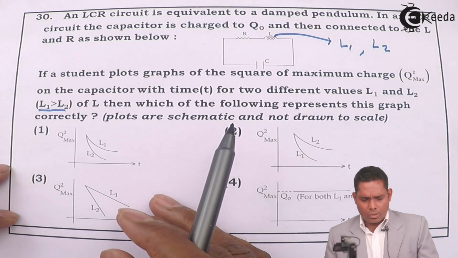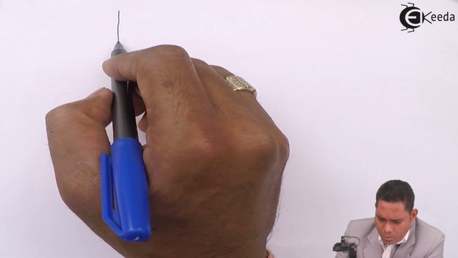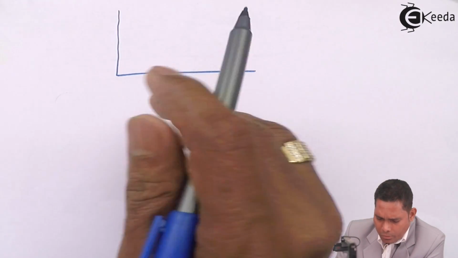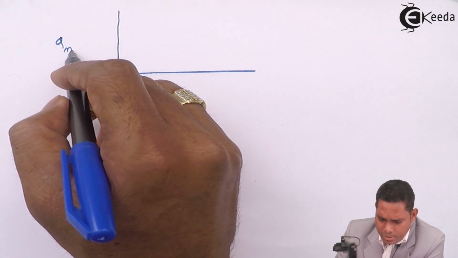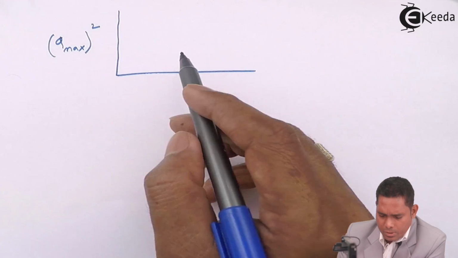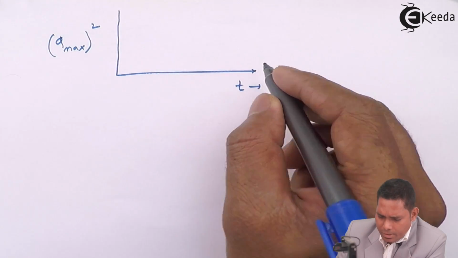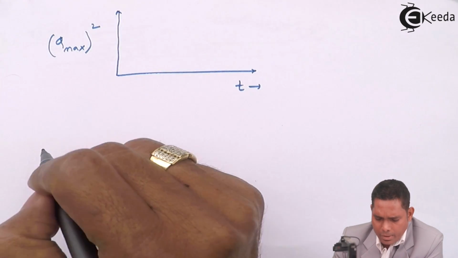So if I try to solve this, the question is to plot the curve of Q max square versus time. Time is taken on this axis and Q max square on the y-axis.